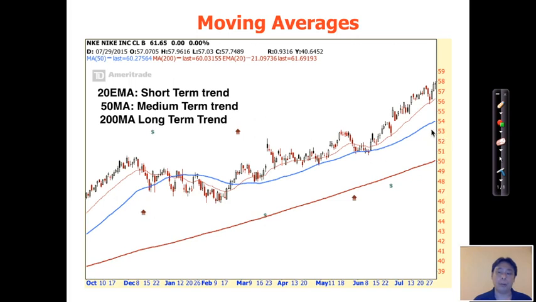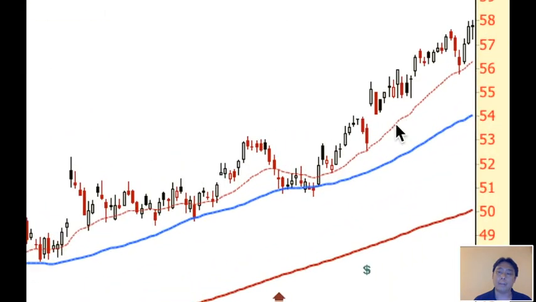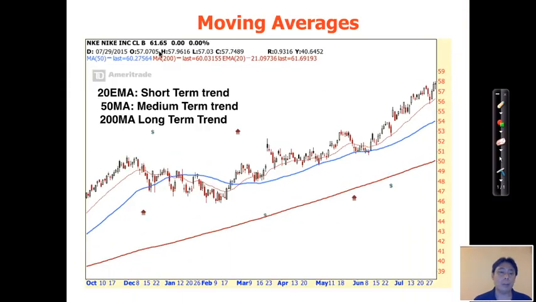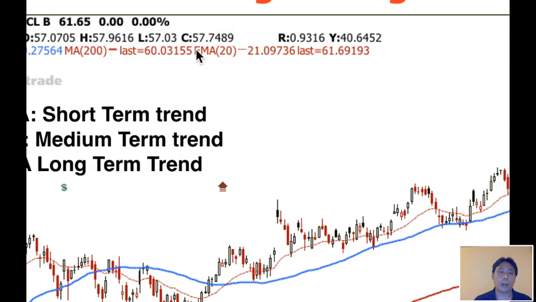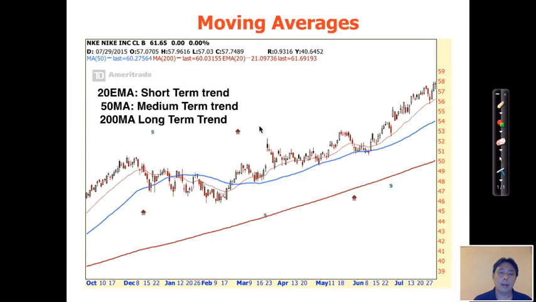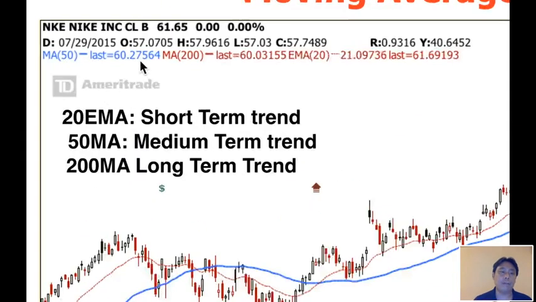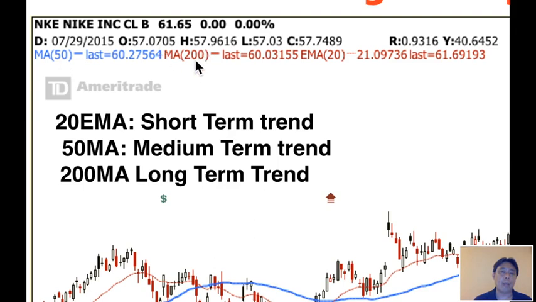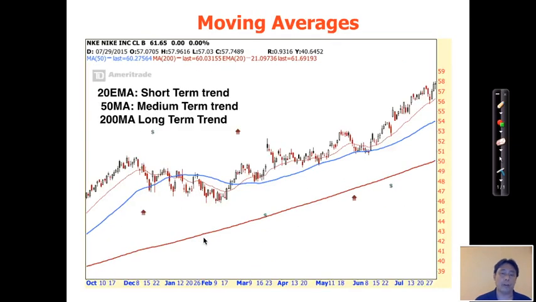For example, on this chart, this red dotted line is the 20 exponential moving average. The blue line is the 50 moving average, and the red solid line is the 200 moving average.